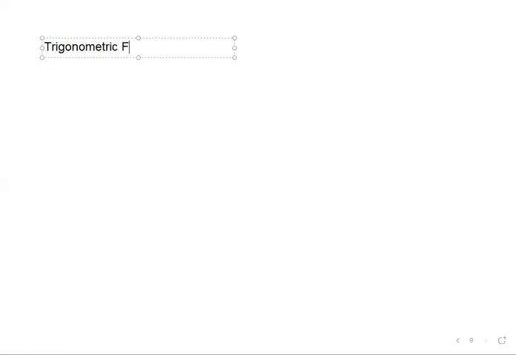Trigonometric functions. With regards to this, we have 3 types of trigonometric graphs. Number 1 is this one for y equals what? y equals sine of x, or they can say y equals sine of theta.